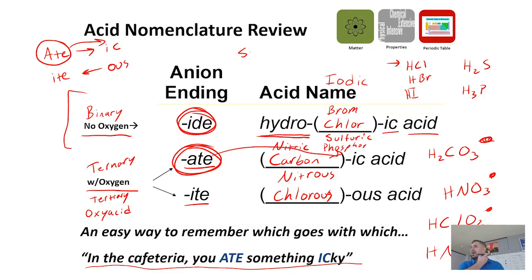Now, if you know 8 and ick are associated, then you're going to know OUS is associated with ITE. So you just need to memorize one. Another thing my student came up with earlier today was he bite something that was delicious. So if you like that one, you ate something icky or you bit something delicious, but that's on you.